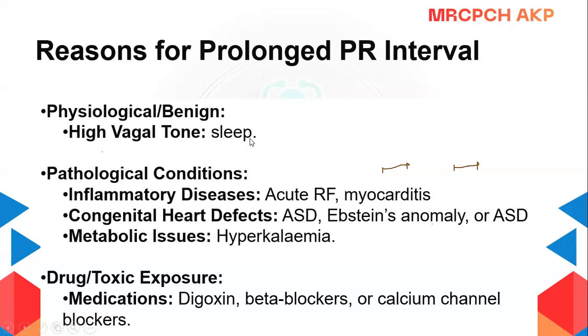In some patients it is a normal finding as well, other than sleep also. In a few pathologies, like I mentioned in the earlier slide, like rheumatic fever, myocarditis, and in some congenital heart defects, you can also get these. And in hyperkalemia and digoxin toxicity, you can also have this prolonged PR interval.